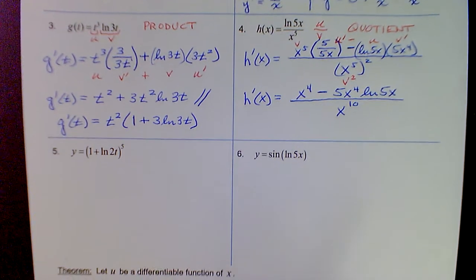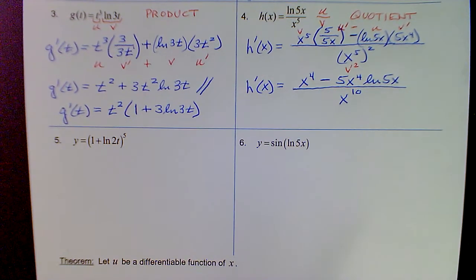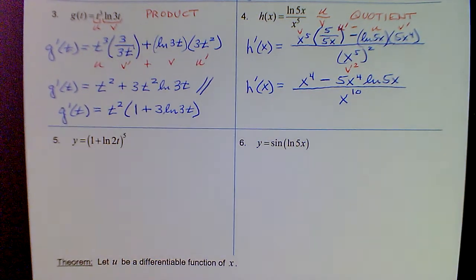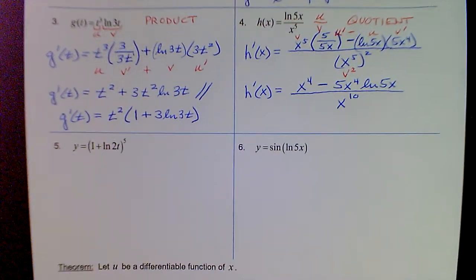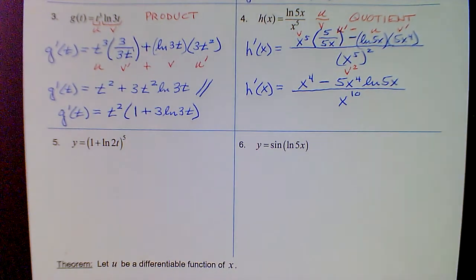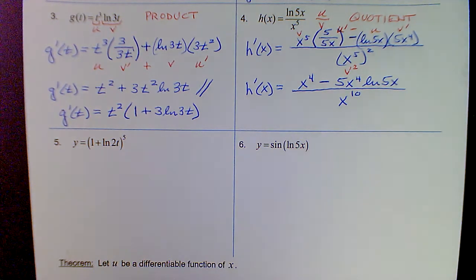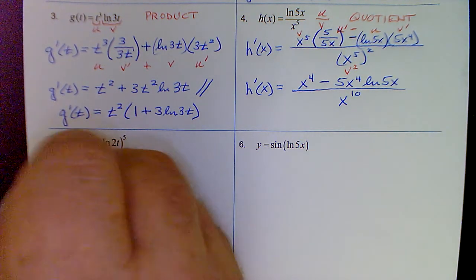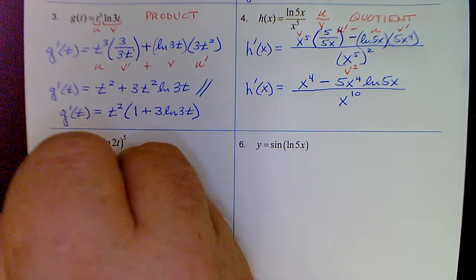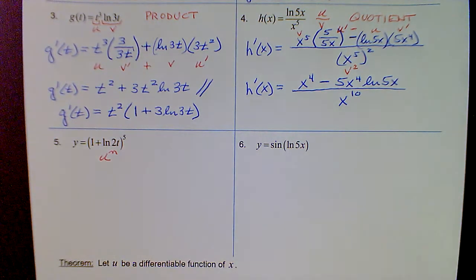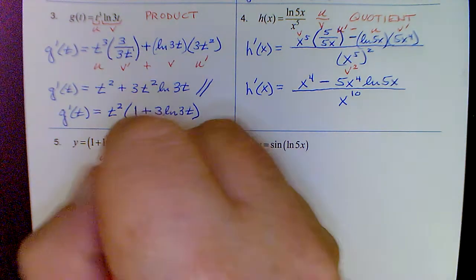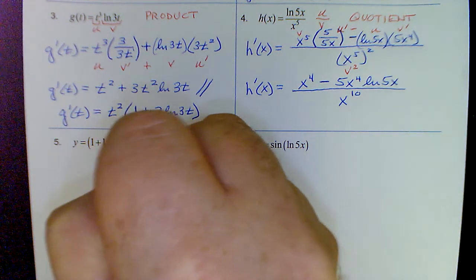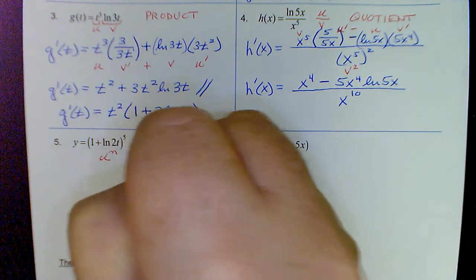You'll notice when I give you examples, I generally like to give you one of each type. The next example, if it's not a basic formula, is one of the 3 major players: products, quotients, or powers. And hopefully here you can see we have a function of t raised to a power, so u to the n, general power rule, chain rule, whatever you prefer to call it.